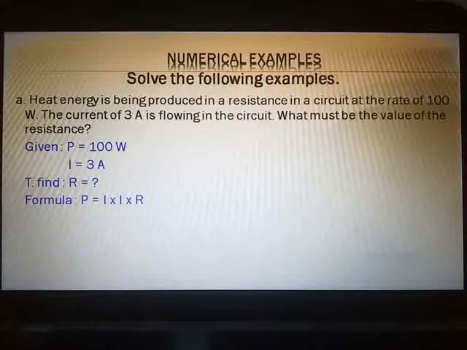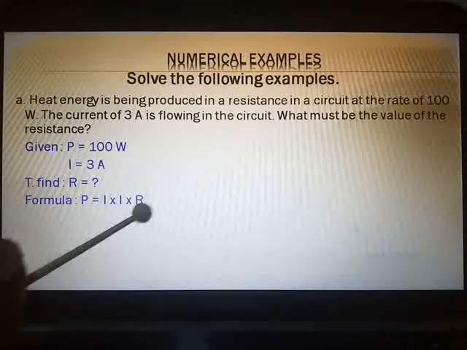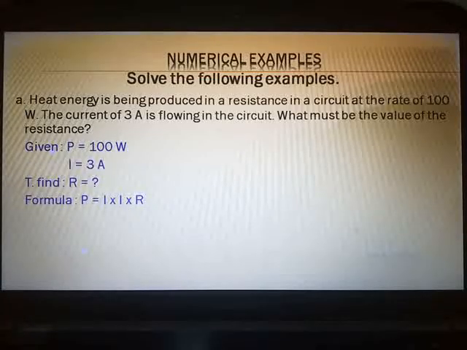Here I have used the formula P is equal to I square R, that is I multiplied by I into R. I can substitute the value of power and the value of I, and immediately I can get the value of R. Another way: you have the value of power and the value of current.